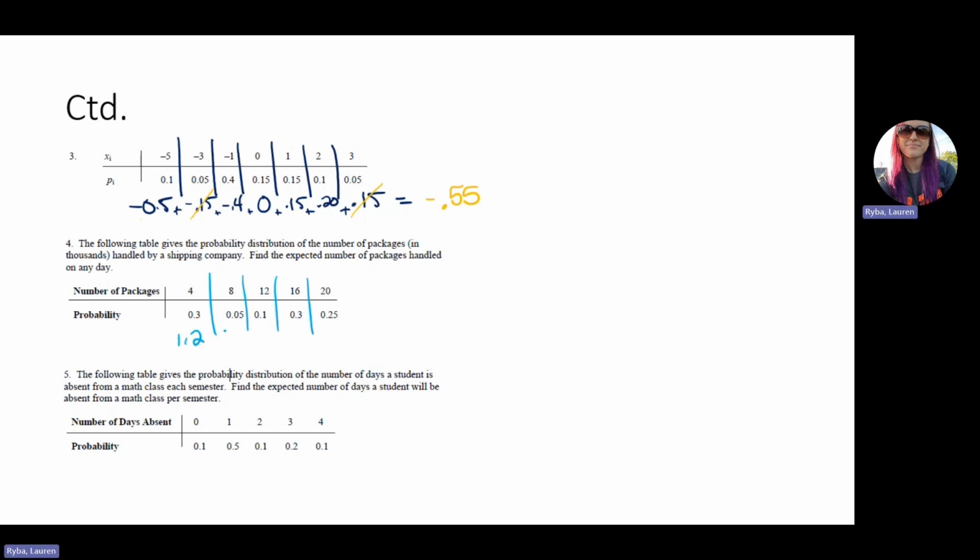8 times 0.05 is 0.40. 12 times 0.1 is 1.2. 16 times 0.3 is 4.8. And 20 times 0.25 is 5.